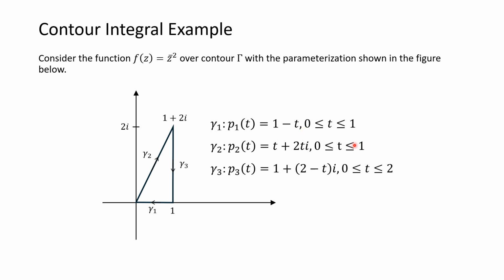When you put in 1, you get 1 plus 2i, that's here. So this function gives you this line from here to here. And the same for gamma 1 gives you the line from here to here, and gamma 3 gives you the vertical line going from 1 plus 2i down to 1. Okay, so we'll continue on the next slide with the evaluation of the integral.